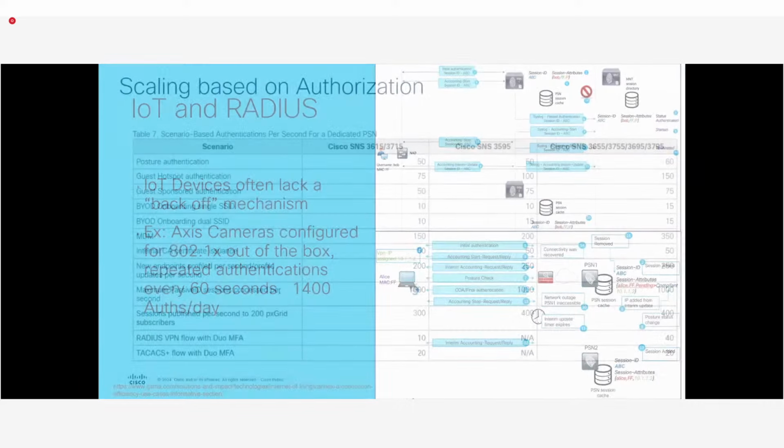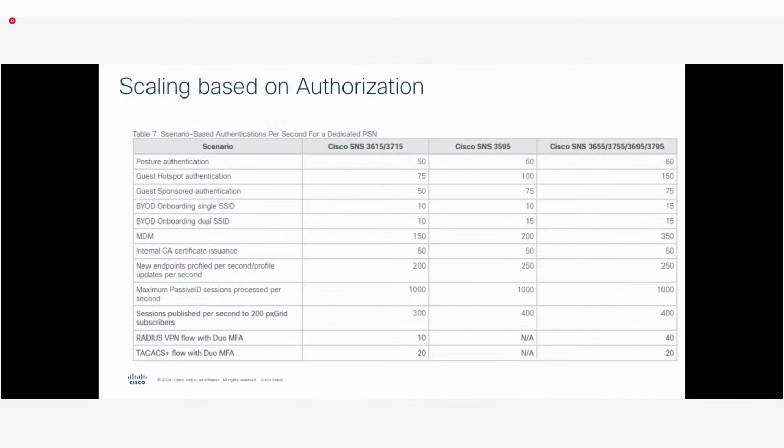And we see that when we look at the scaling documentation as well, as we have different use cases, whether it's posture authentication, the internal CA certificate issuance, or profiling, guest, or BYOD, you see a significant difference in the number of endpoints per use case that we can handle in terms of our scaling capabilities.